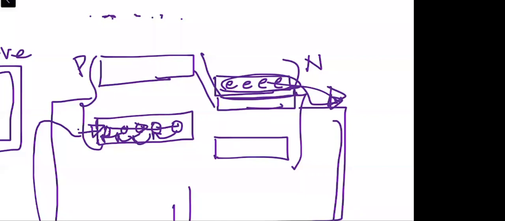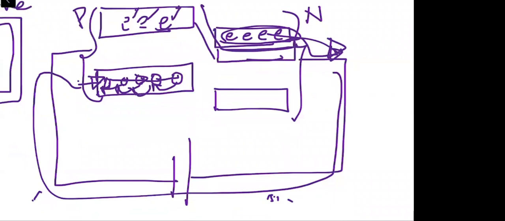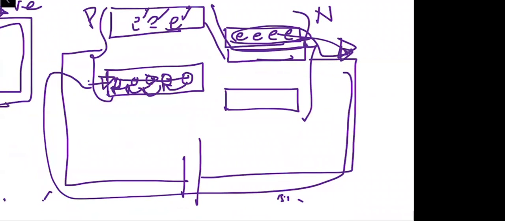If you see, we have some minority carriers over here as well. And the minority carriers over here are due to electron hole pair creation. Are you with me? Right? And if you see, this is the negative side, this is the positive side.